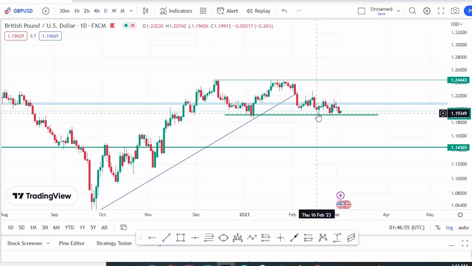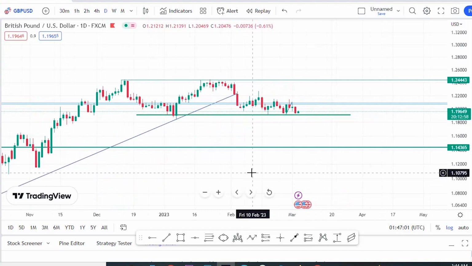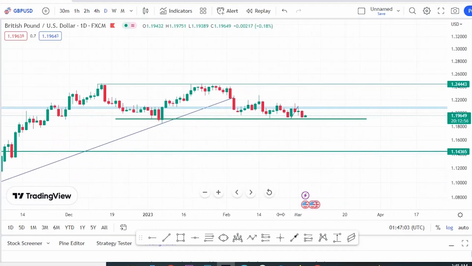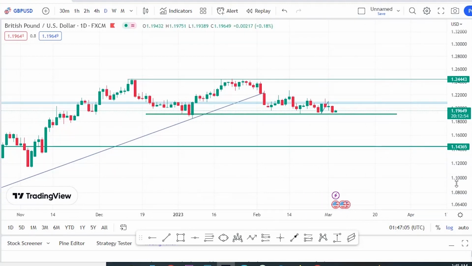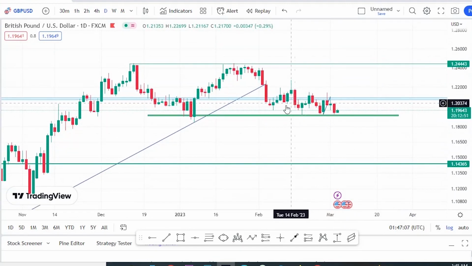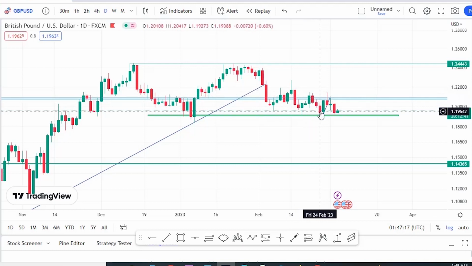But price didn't break this support zone on the daily time frame. It ended up respecting it and then pushing all the way up to the daily resistance again.